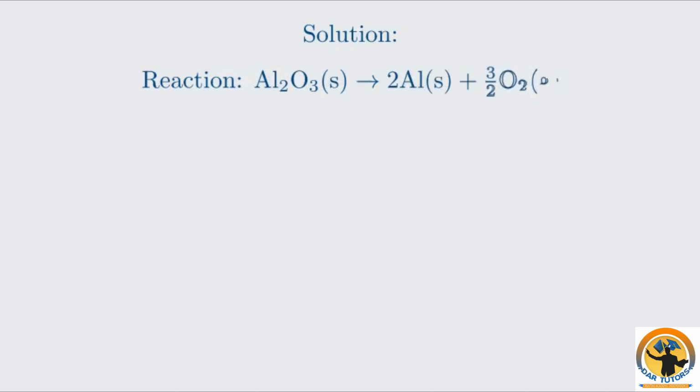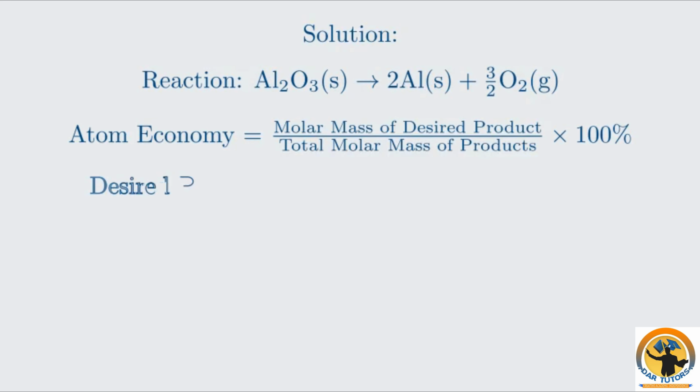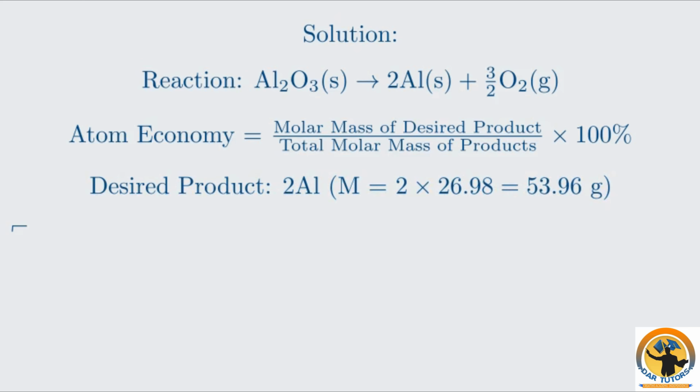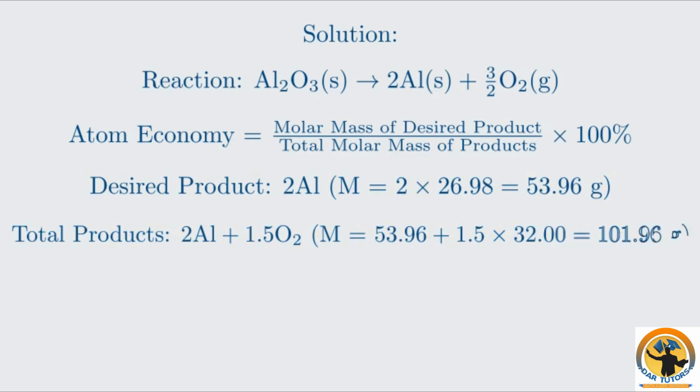Finally, question 5 tests your knowledge of atom economy. The question provides a lot of context, but the core calculation is for the electrolysis step. Al2O3 breaking down into Al and O2. We apply the formula for atom economy. The desired product is aluminum, so we need the molar mass of 2 moles of Al. The total products are 2 moles of Al plus 1.5 moles of O2.